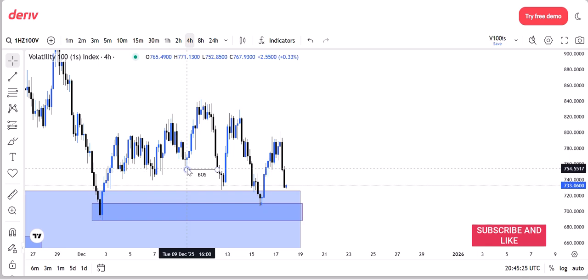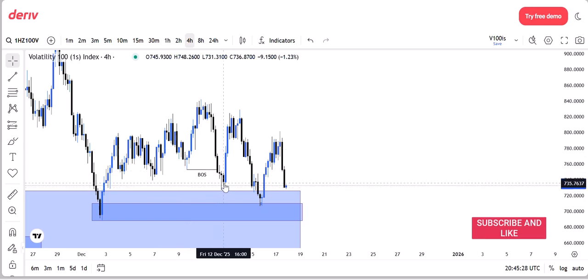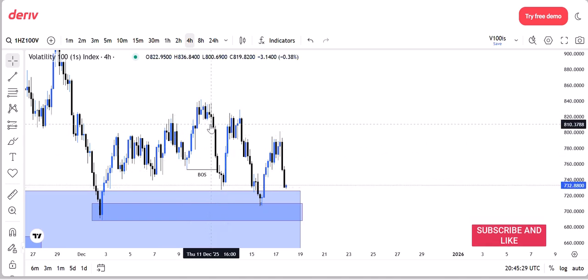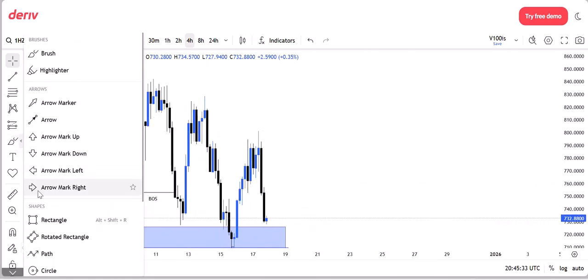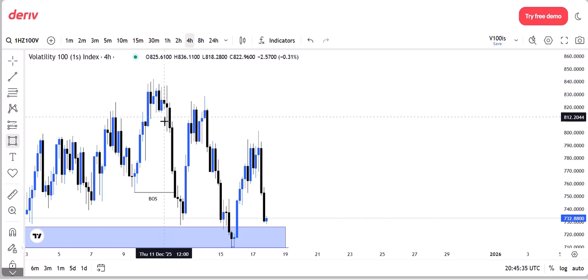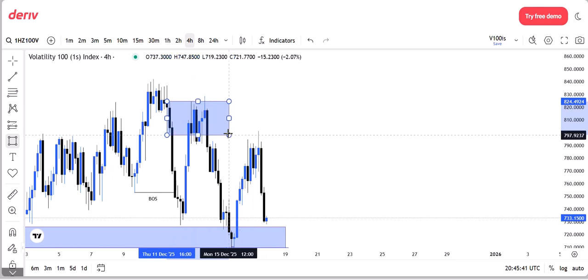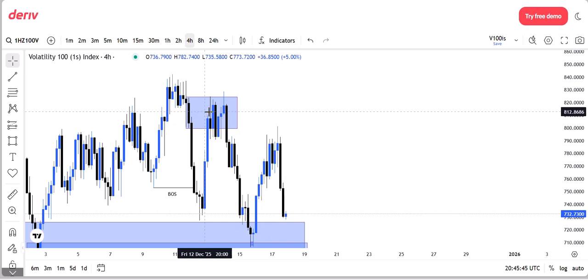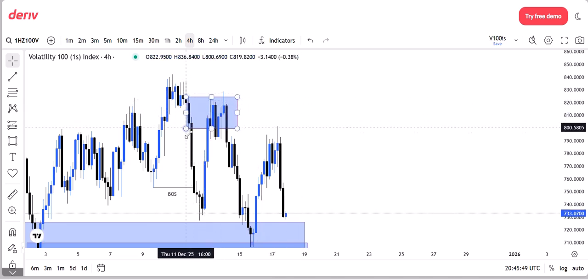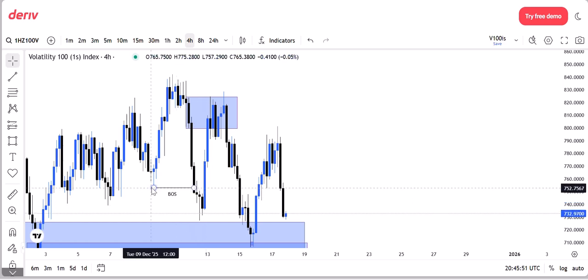It took out this previous low and formed a new low, and this is the zone that caused the break of structure. I'll mark out this zone. This zone caused the momentum that broke this previous low.